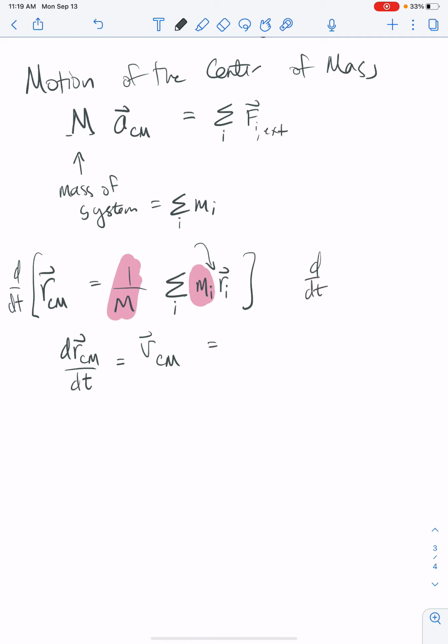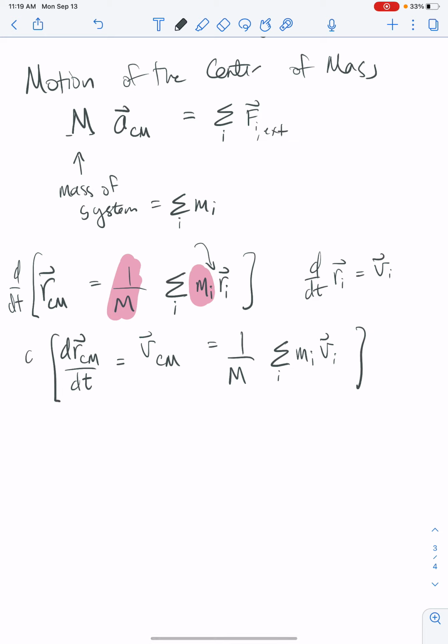So the derivative of a position of a particular mass is the velocity of that particular mass. So we've got 1 over the total mass times the sum of each mass times each velocity. Right, and now we're going to do that again.